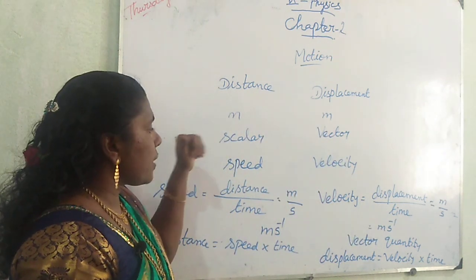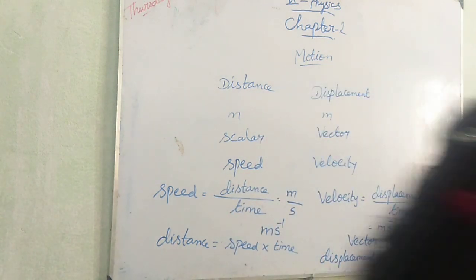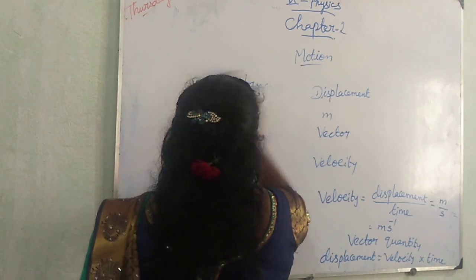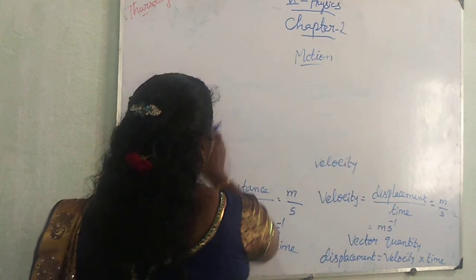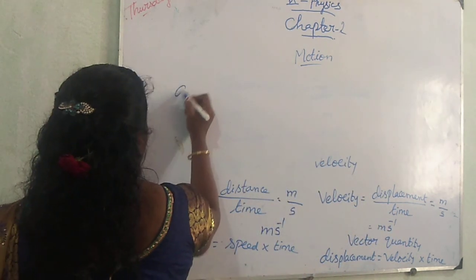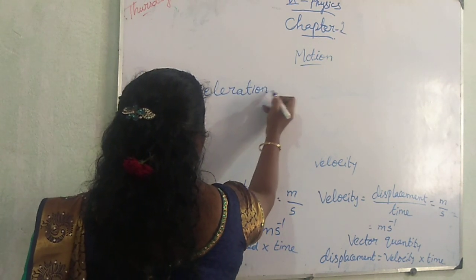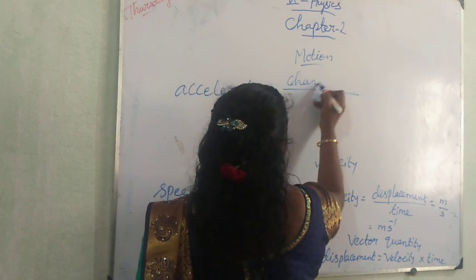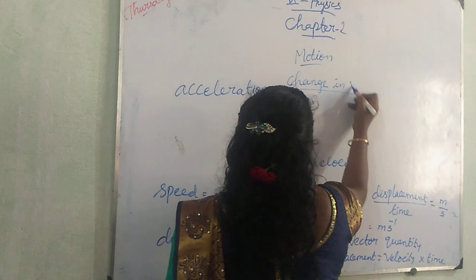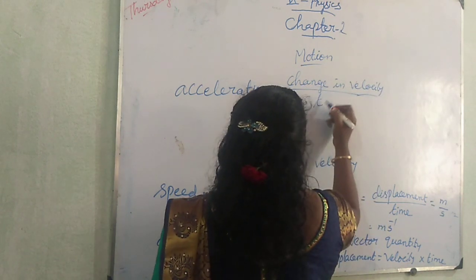So the next chapter is acceleration. The formula for acceleration is change in velocity divided by time.